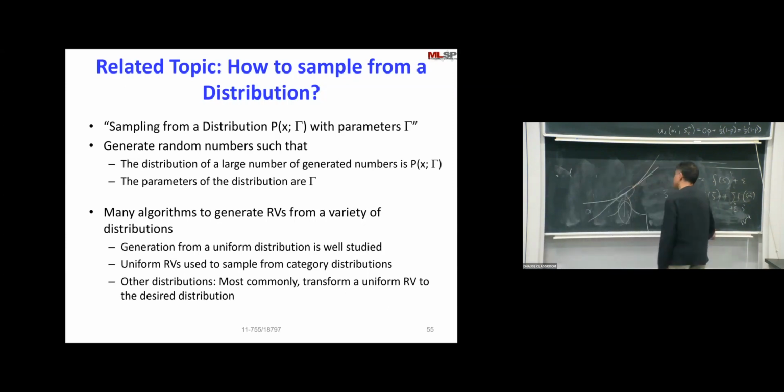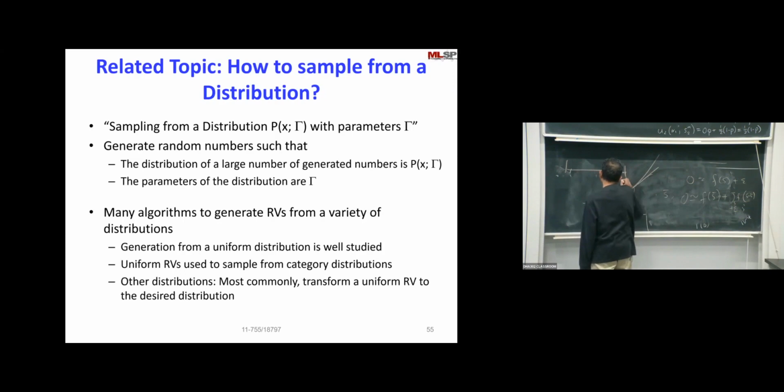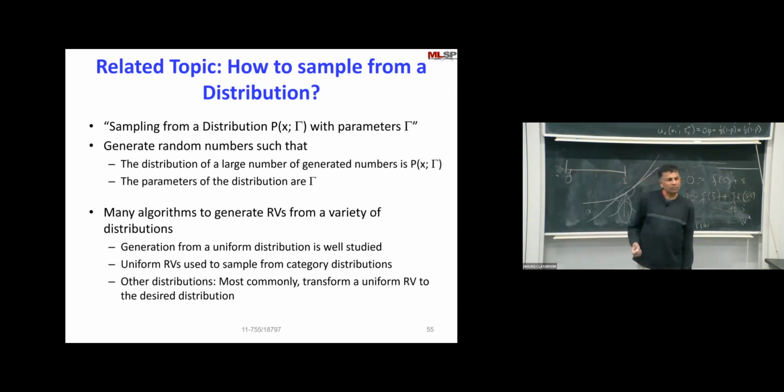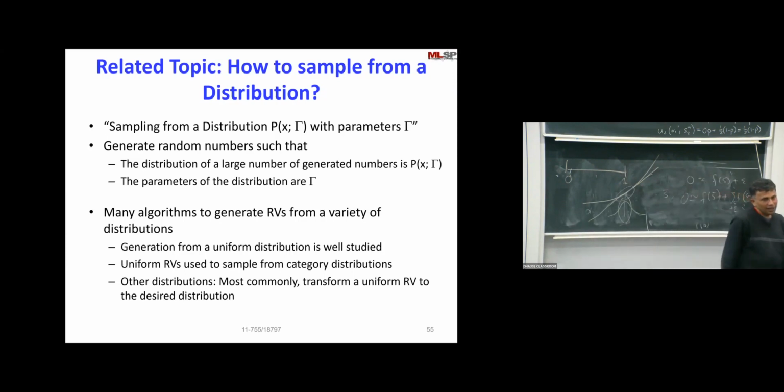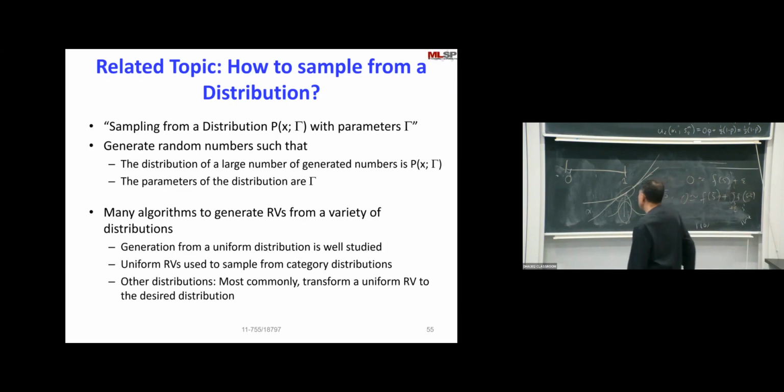Here's what I can do. I can take this as 1, this is 0. Suppose I want to generate a random number from a four-sided die with probabilities 0.1, 0.2, 0.3, and 0.4, right? I'm going to make my first bin 0.1. The second one is going to be 0.1 plus 0.2, which is 0.3. The third is going to be 0.3 plus 0.3, which is 0.6, and then 1.